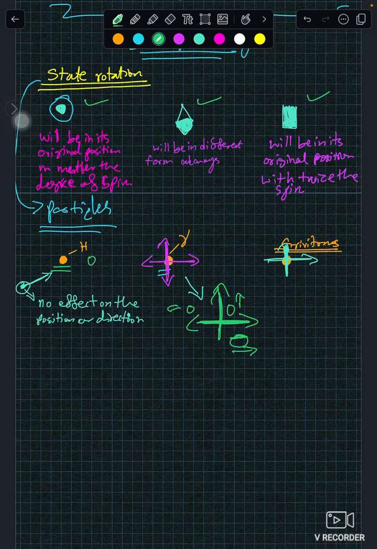This one has 0 states, this one has 4 different positions, and this one has 2 different positions. So this takes 0 turns to come back to its original shape. Photons take 4 different turns to come back to its original position, and gravitons take 2 different turns to come back to its original position.